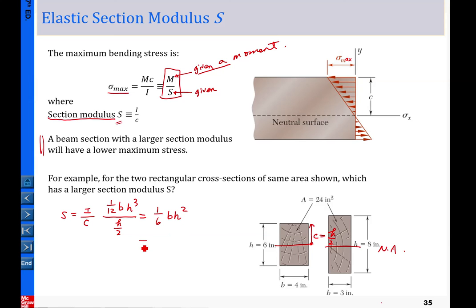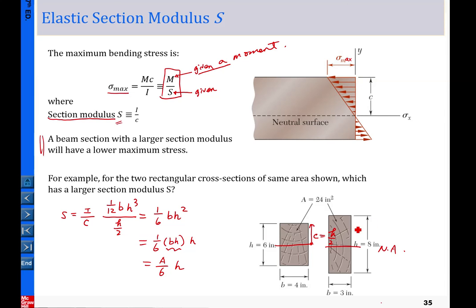Okay, so then let me do a little bit more derivation. It is 1/6 and then BH times H. From here, because BH is the A, so that is A divided by 6 times H. The two rectangular cross sections have the same area here.